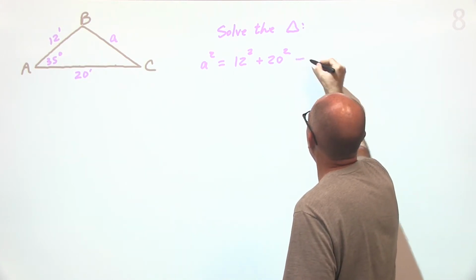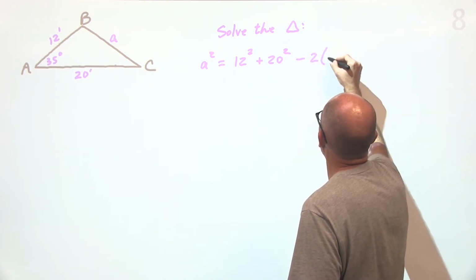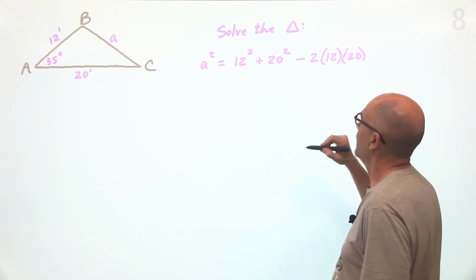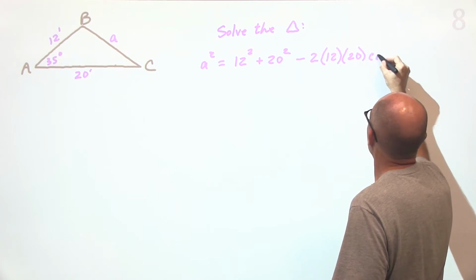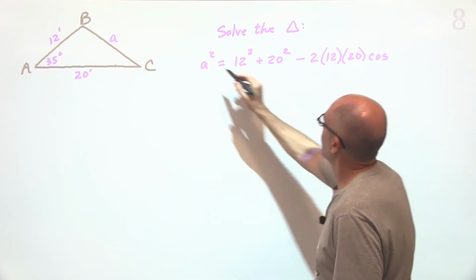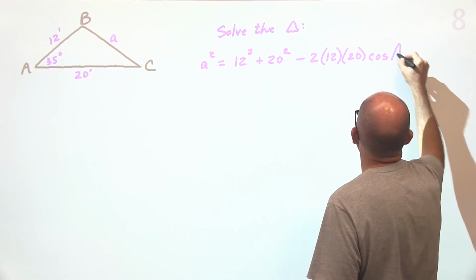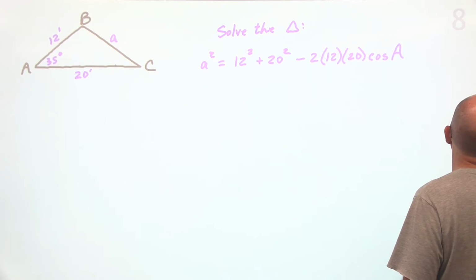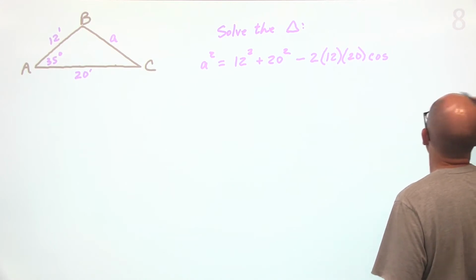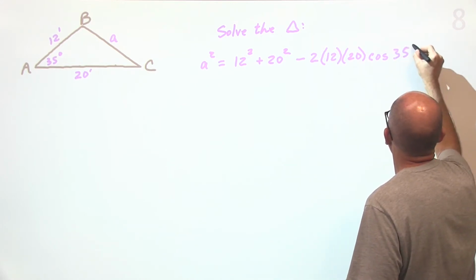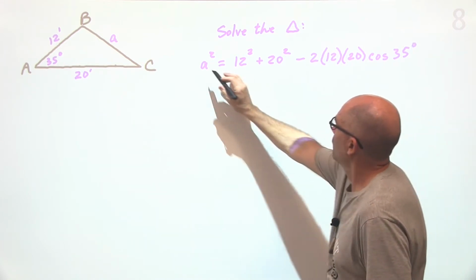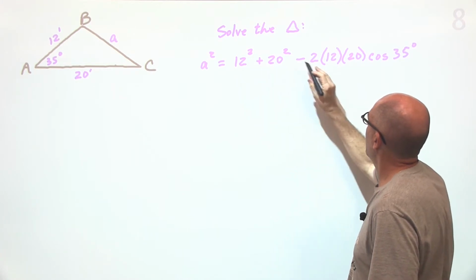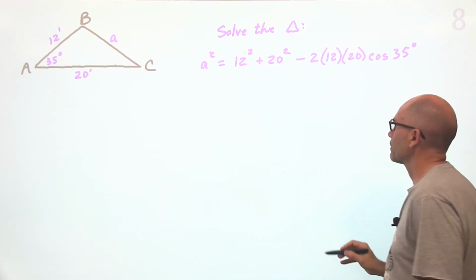Then you go minus 2BC, or 2CB as the case may be, cosine what angle? Well, I'm looking for A, so I use angle A, and I know angle A is 35 degrees. So let's just put that in there. Okay, so A squared equals C squared plus B squared minus 2CB cosine A.